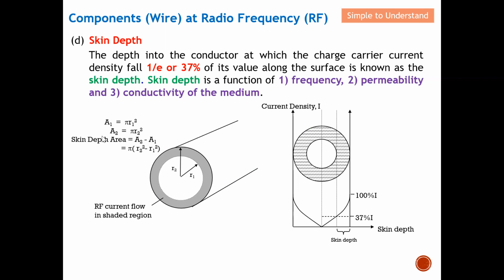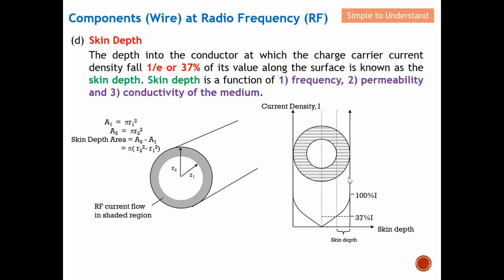In order to find the skin depth area, I can use the area under 2 minus the area under 1. I can also rearrange the formula like this. So this calculates the skin depth area, which is the shaded region here.